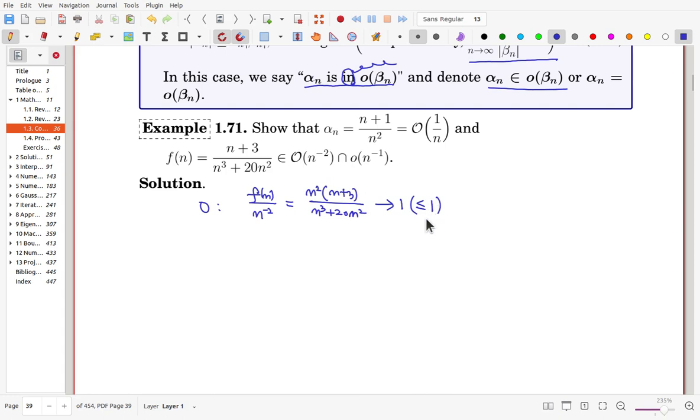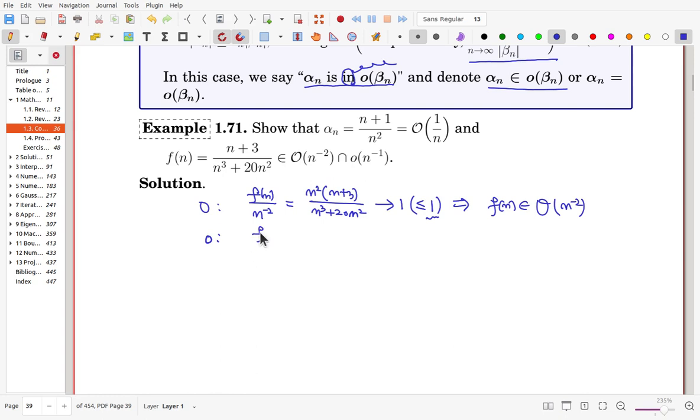So there is a positive number k such that for large n, this quotient is bounded by 1. That's k, so we can say that f of n is in big O of n to the minus 2. How about the little o portion?